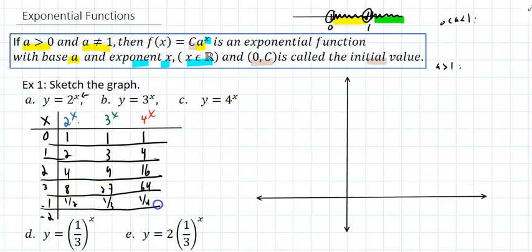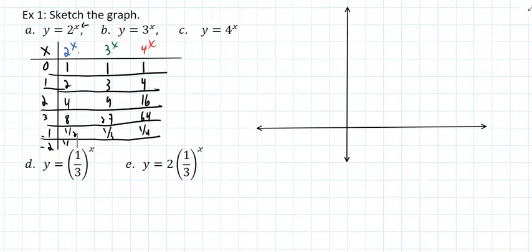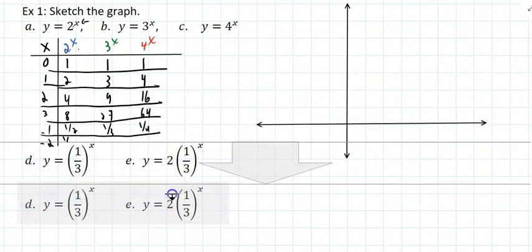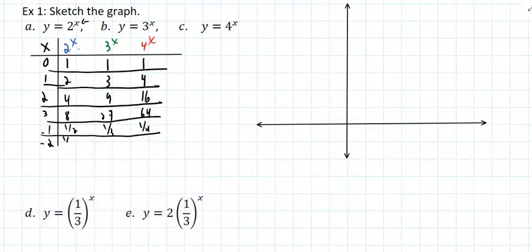What if I put a negative 2? Let me just space this out a bit more. We need a bit more space, and we have plenty of it. There we go.